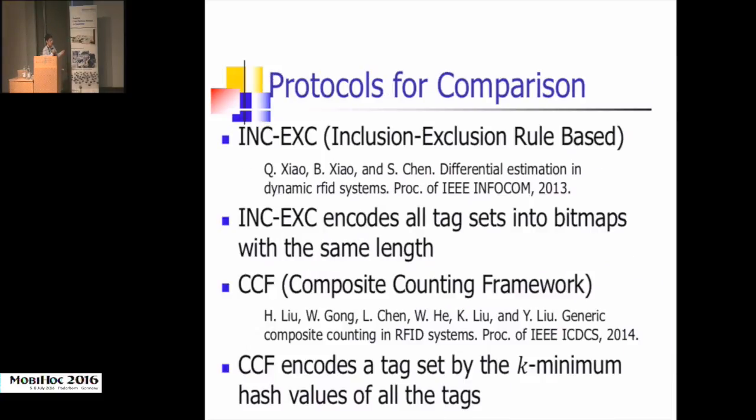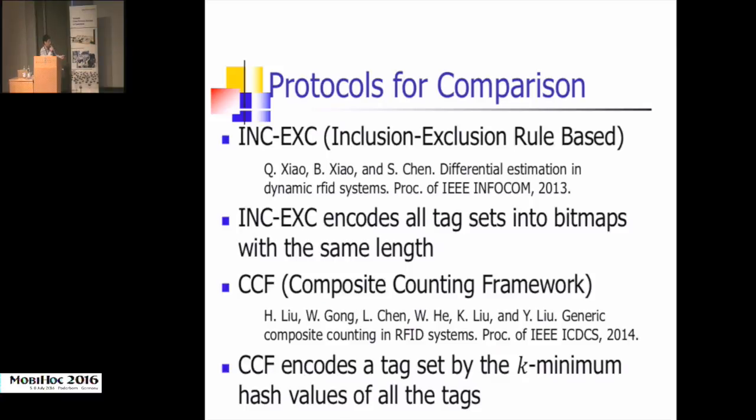Configuration. Well, we want to compare our algorithm with the algorithm called INC EXC, which is based on the inclusion and exclusion rule. In this protocol, they encode all the tag sets into bitmaps with equal length. And the other work is called CCF, Composite Counting Framework.